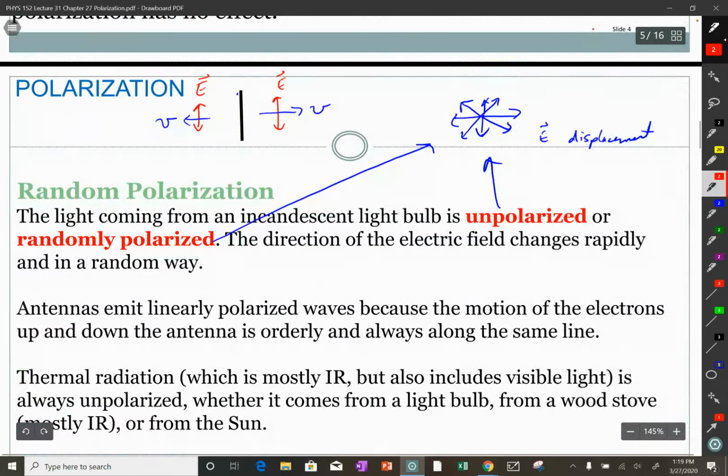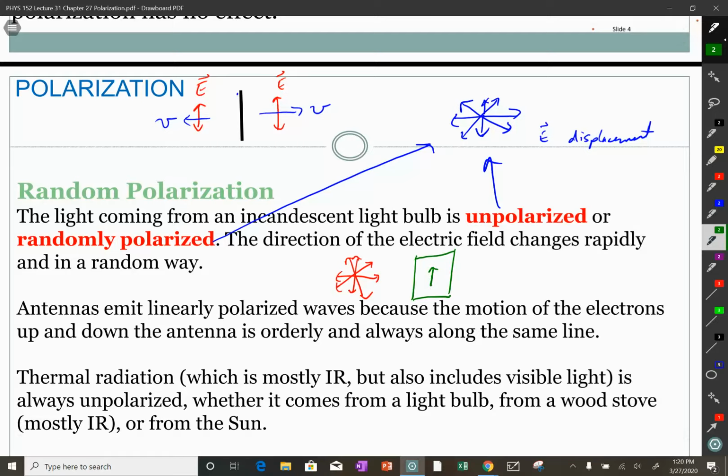Now, how much of unpolarized light, if I put it in front of a polarizer, and of course, if we were in class, I do these demonstrations, they're really dramatic and fun. But if I have randomly polarized light, and I put it through a polarizer, so I'm going to draw my polarizer just as a square, and that polarizer only allows vertical light through, how much gets through?